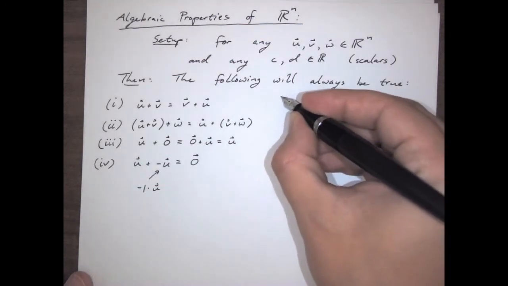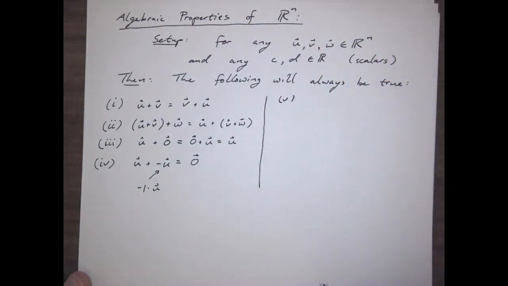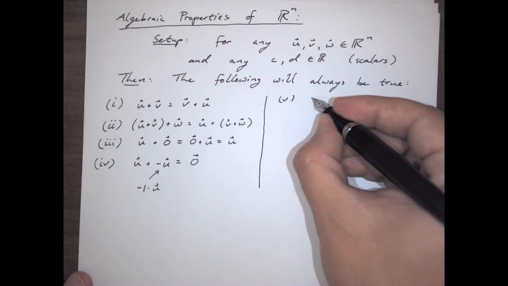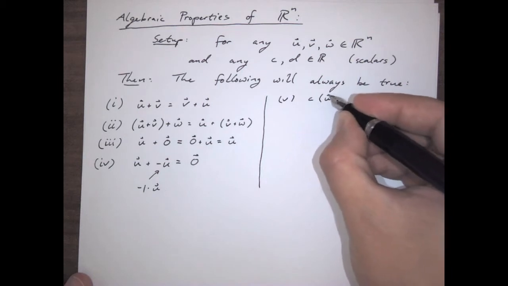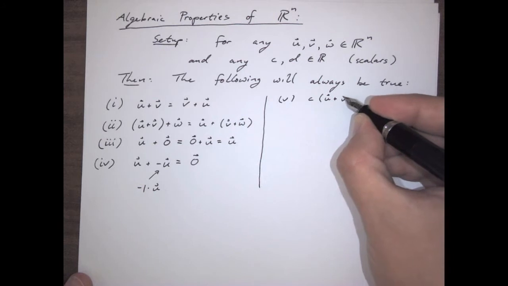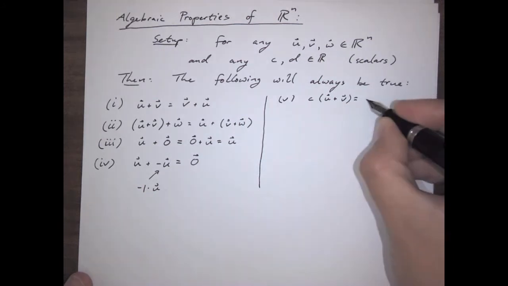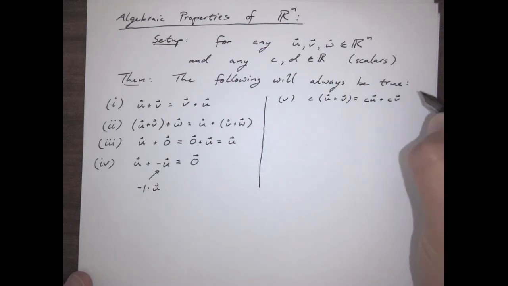And then we have a fifth property here, which is that we have distributive pieces for the scalar multiplication. So if I were to do c, the scalar, times u plus v, that's the same as just cu plus cv.